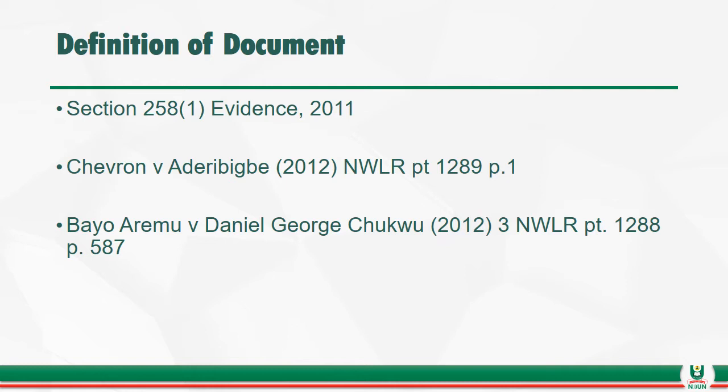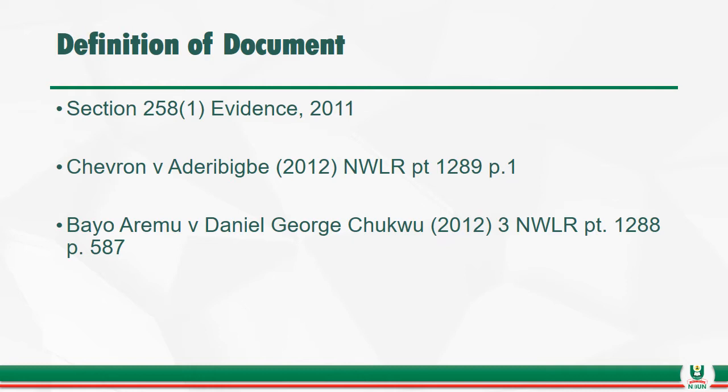B. Any disc, tape, soundtrack, or other device in which sounds or other data, not being visual images, are embodied so as to be capable, with or without the aid of some other equipment, of being reproduced from it.